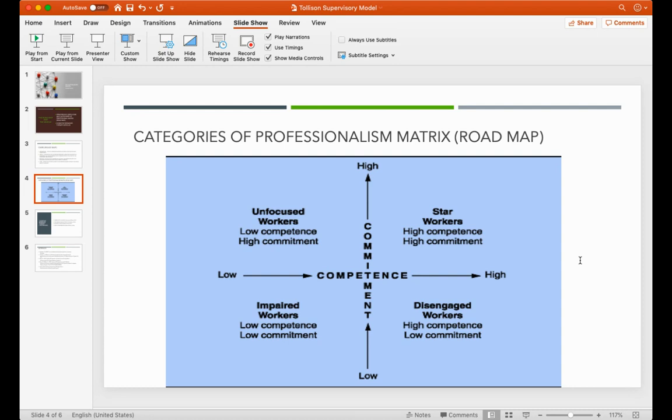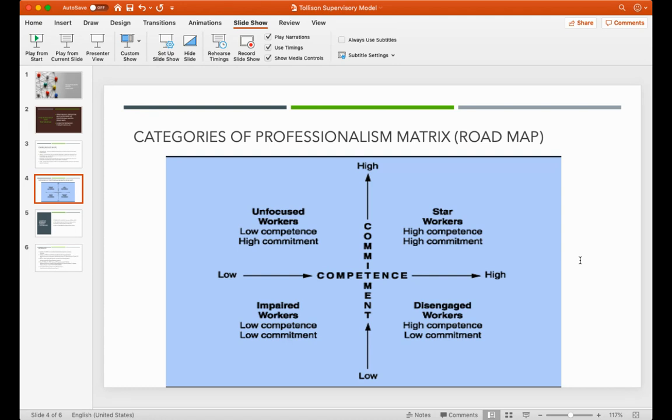So it's important that you look at these categories or quadrants as a continuum of both expectations, competence, and commitment or motivation. And even if the supervisor or supervisee is a star worker, it's on a continuum, so there's always room for improvement.